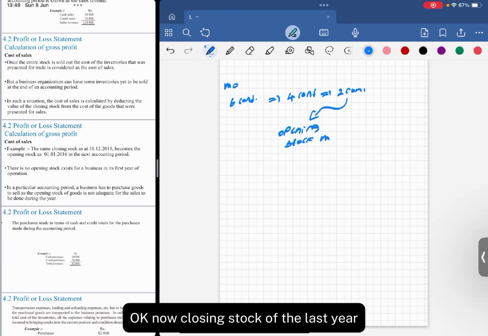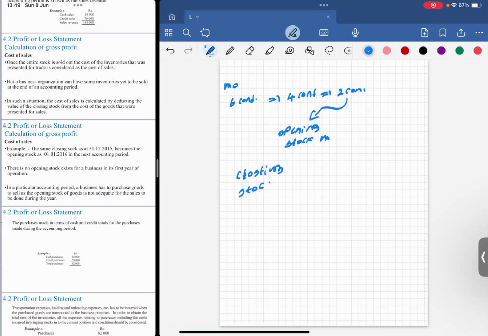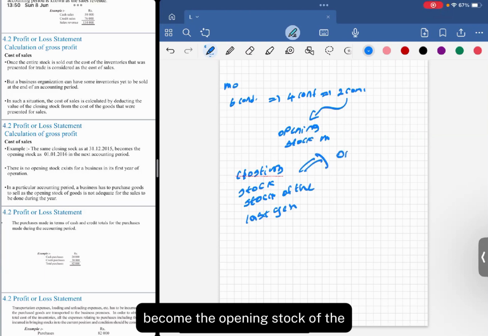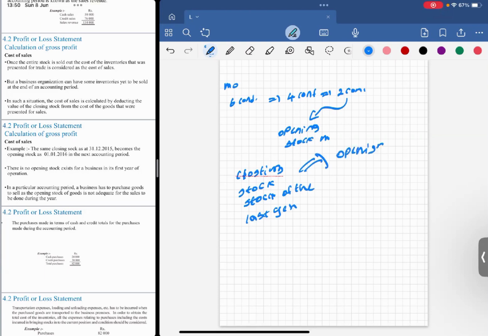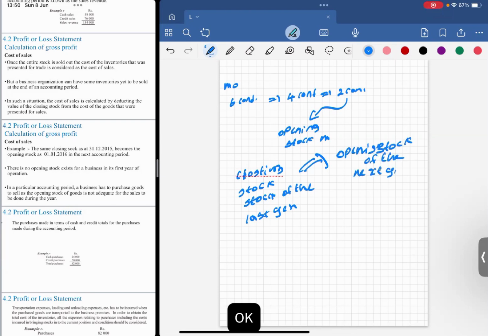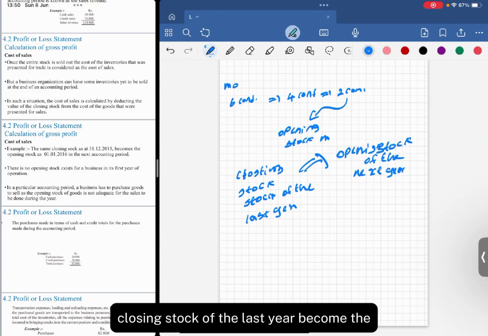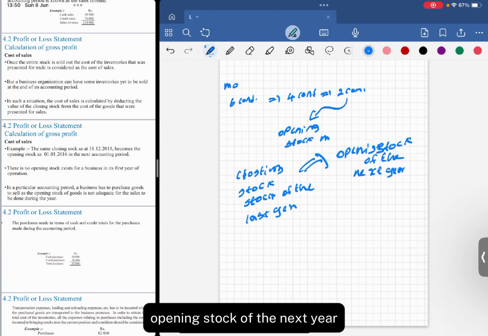Closing stock of the last year becomes the opening stock of the next year.